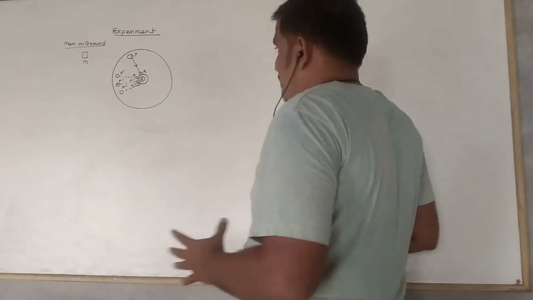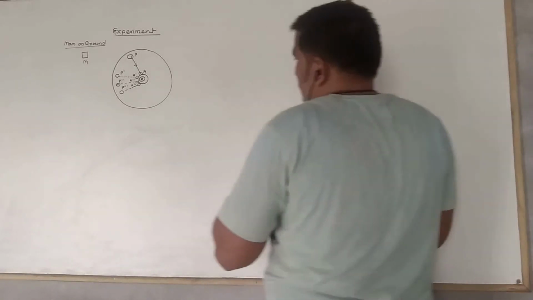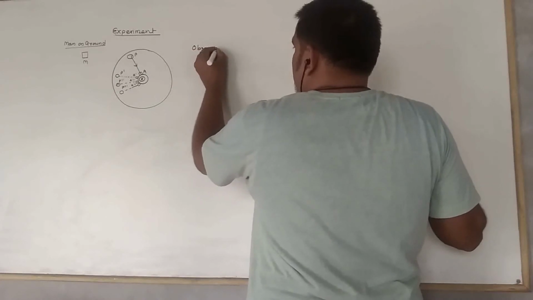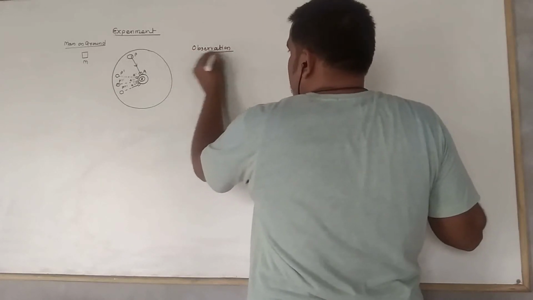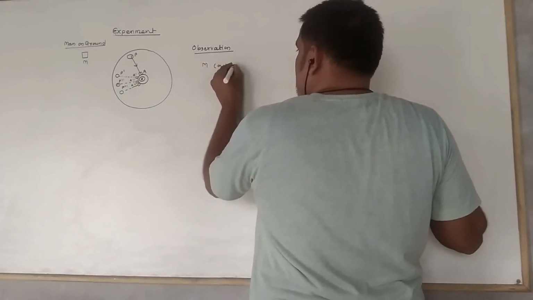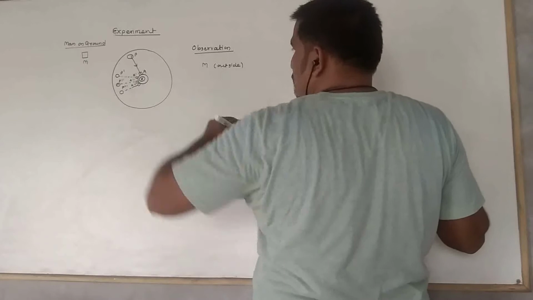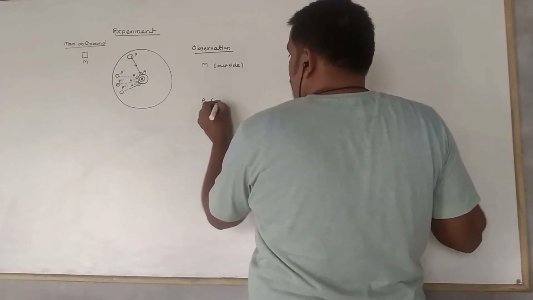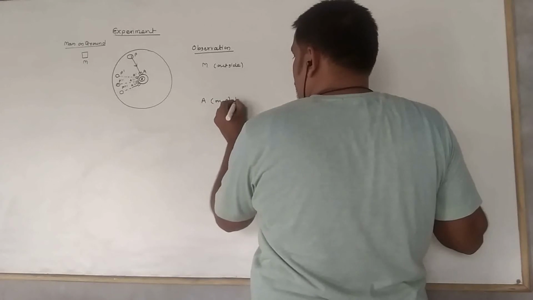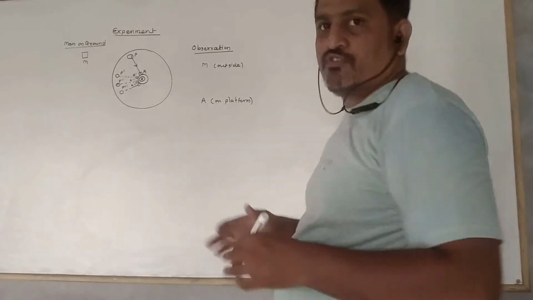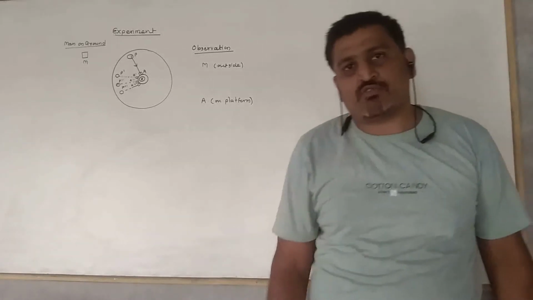Now the observations are made by both persons. One is person M, who is outside the merry-go-round, and the other is person A, who is on the platform of the merry-go-round.